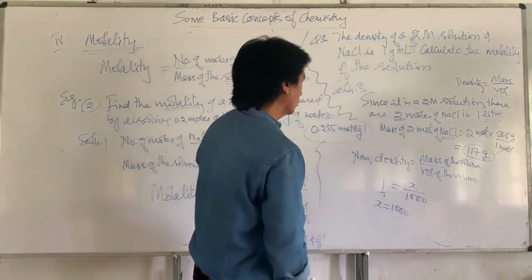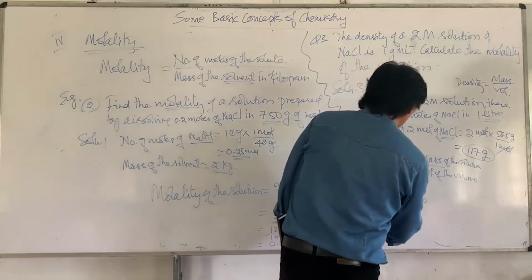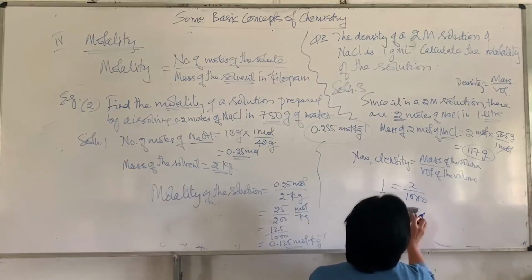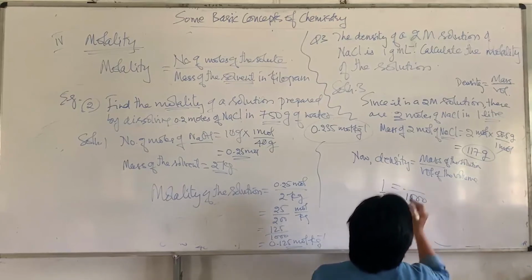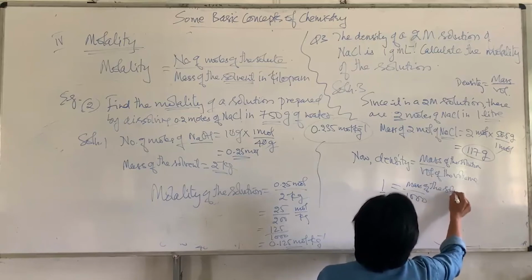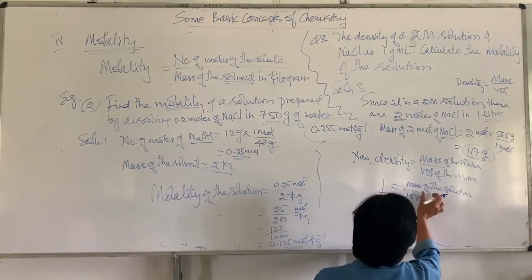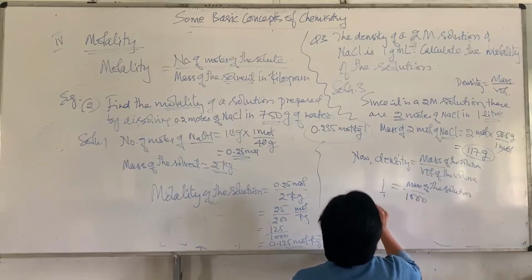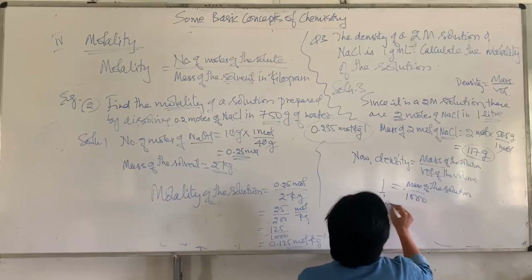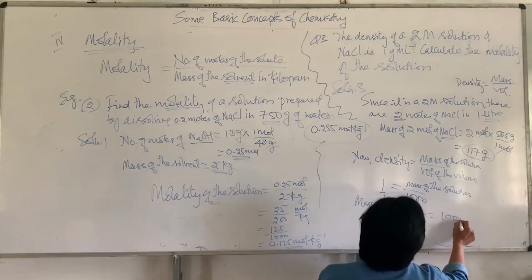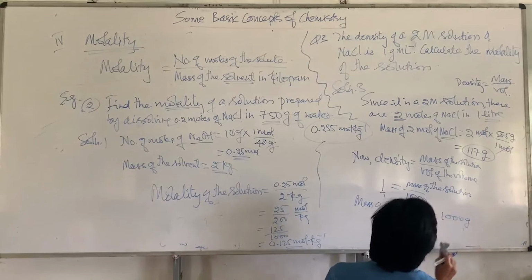This is the mass of the solution, overall solution, which includes the mass of the salt and the solvent. So the mass of the solution is 1000 grams.